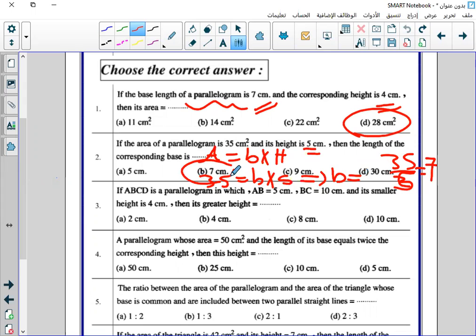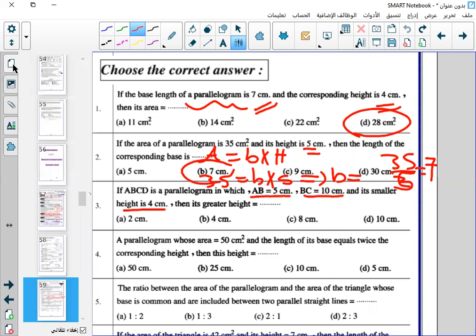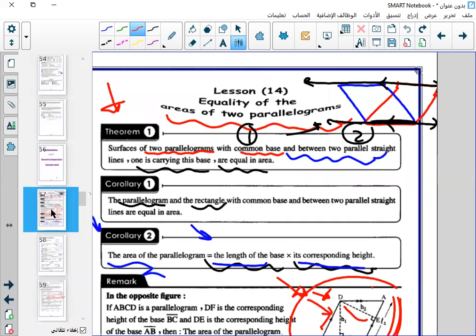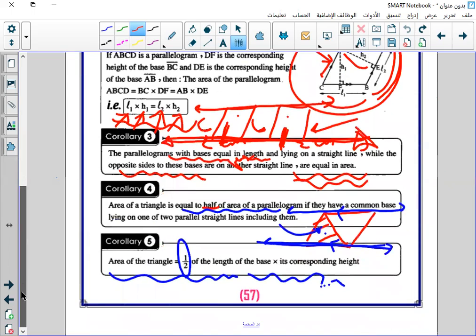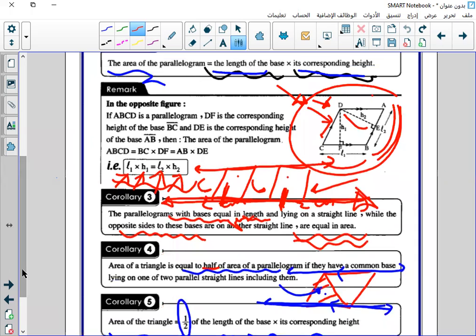Number 3: if ABCD is a parallelogram in which AB equals 5, BC equals 10, and its smaller height is 4, then the greater height equals what? We know that this is the parallelogram, and this is the first height, and this is the second height.